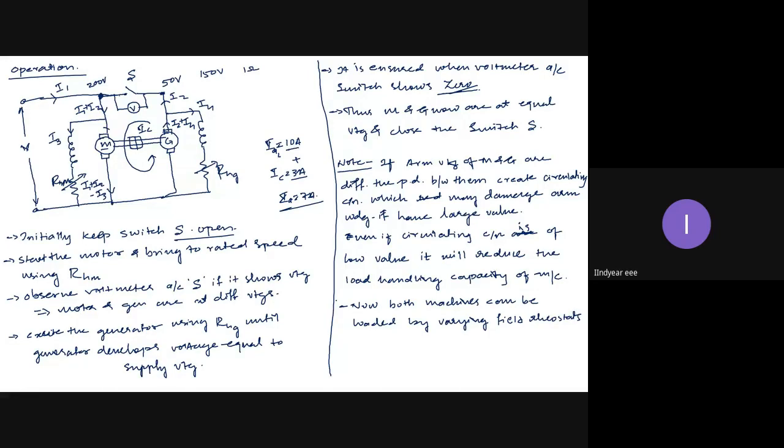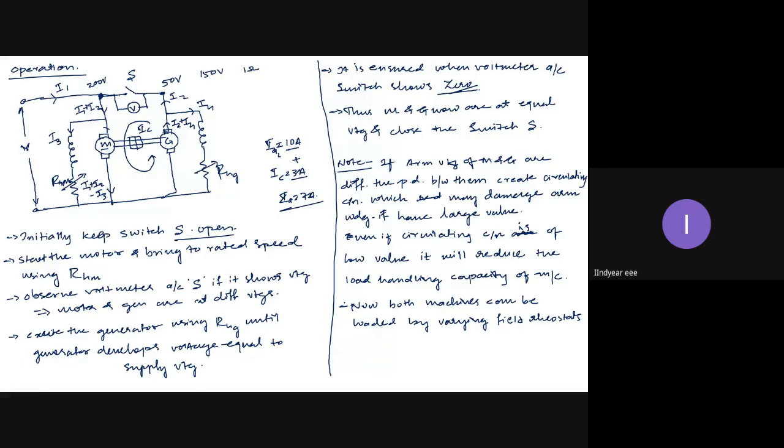That is important. Most of the students will make mistakes here only in practicals. Varying in the sense it can be increased or it can be decreased. But which has to be increased, which has to be decreased? That is important. If I want to load the motor, how can I load the motor?